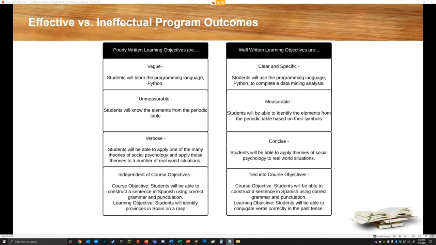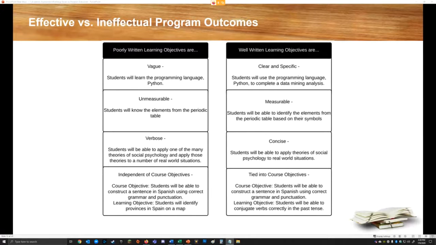Or do they need to know something more advanced? So when you look to the right, there's a version of that outcome that is much more measurable and easier to prove that students are learning that. That one is students will use the programming language Python to complete a data mining analysis. So that's a very specific assignment. You can easily create a key assignment for that.